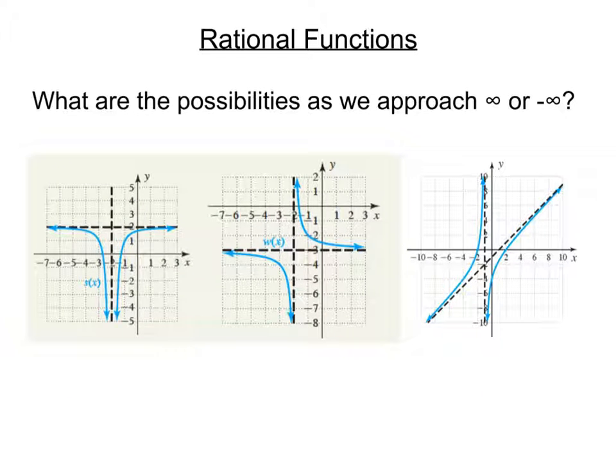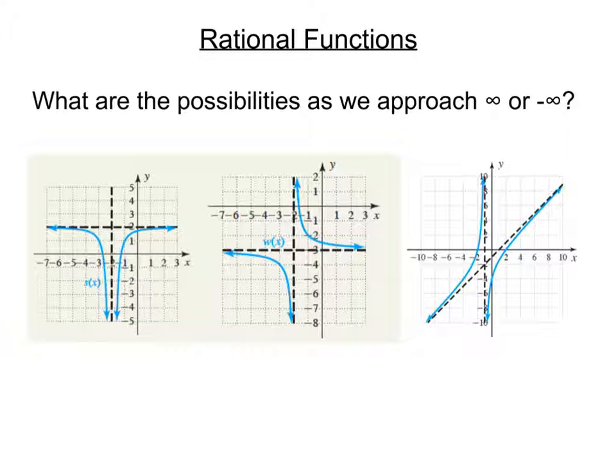These are the pieces that we're going to figure out today, because there are really three main types of things that can happen as we approach infinity or negative infinity. One is that they're both going the same direction, and so they approach asymptotes on the left and right. Another is they're going opposite directions, but still approaching an asymptote on the left and right. The other is the oblique asymptote.